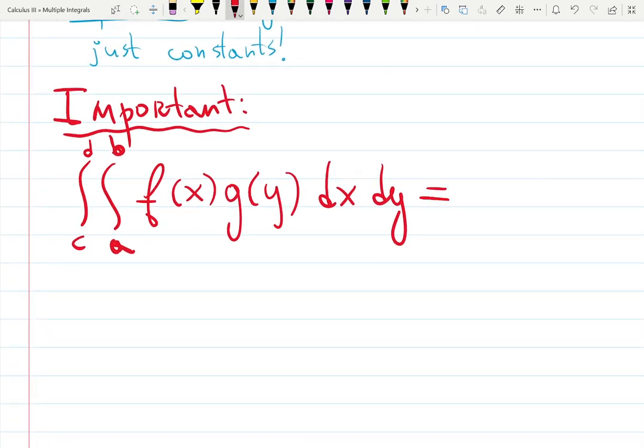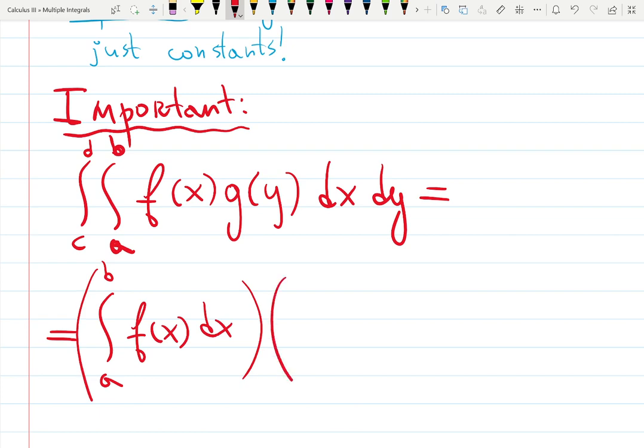So if you have a product of two functions, it's sometimes handy to break it into a product of two integrals, and then it will be easy to integrate. Integral of f of x dx, times integral from c to d of g of y dy.